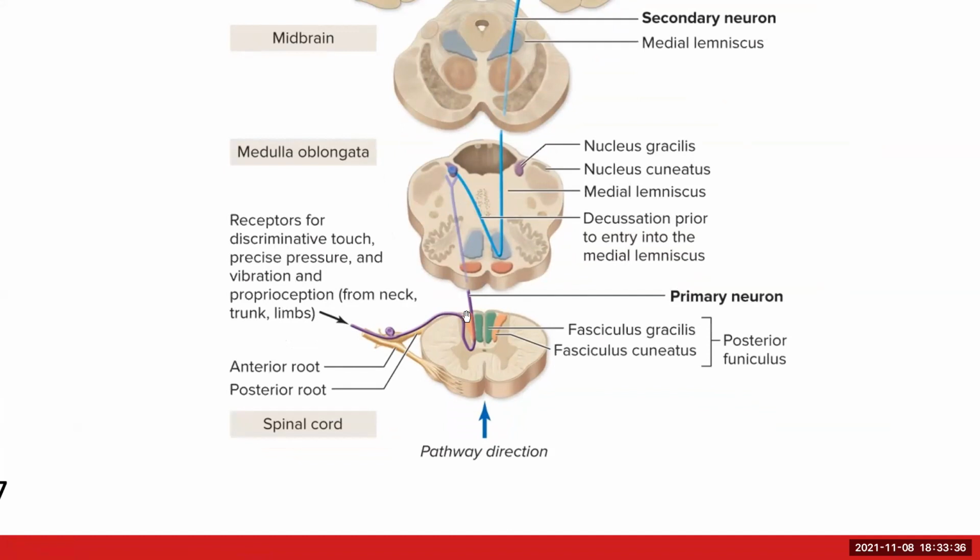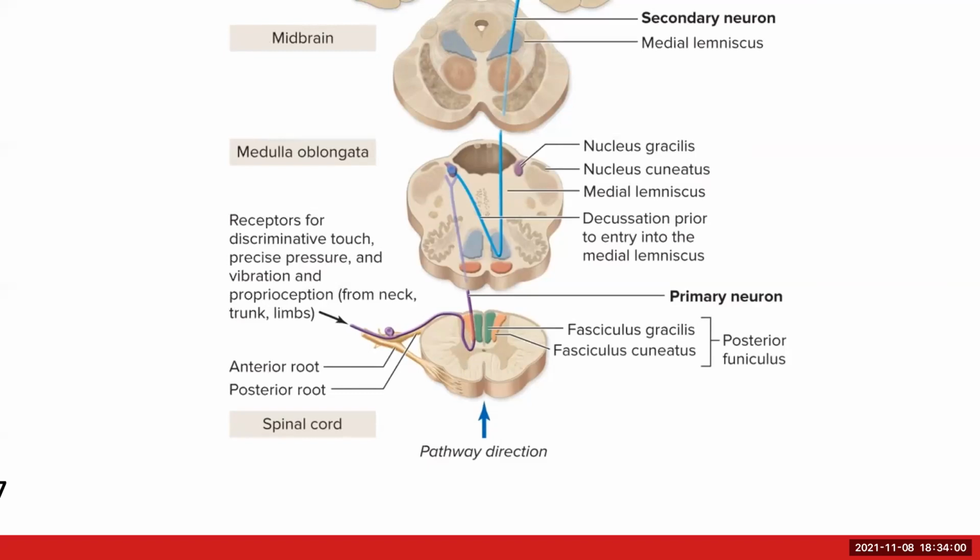It then will enter into the spinal cord, and it's going to travel in the posterior funiculus in either what we call the Fasciculus Gracilis, which is the green structure, or the Fasciculus cuneatus. And it depends on where that information is coming from.